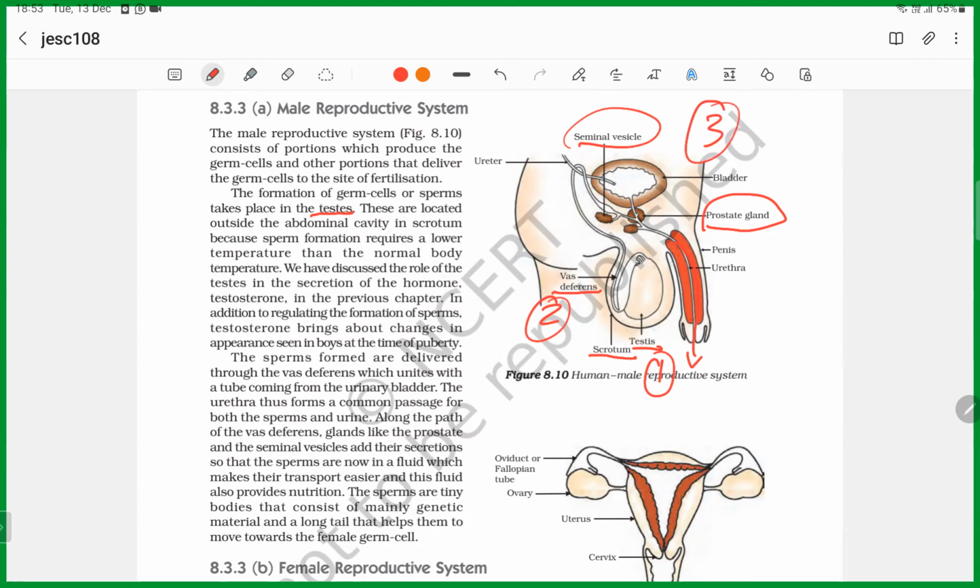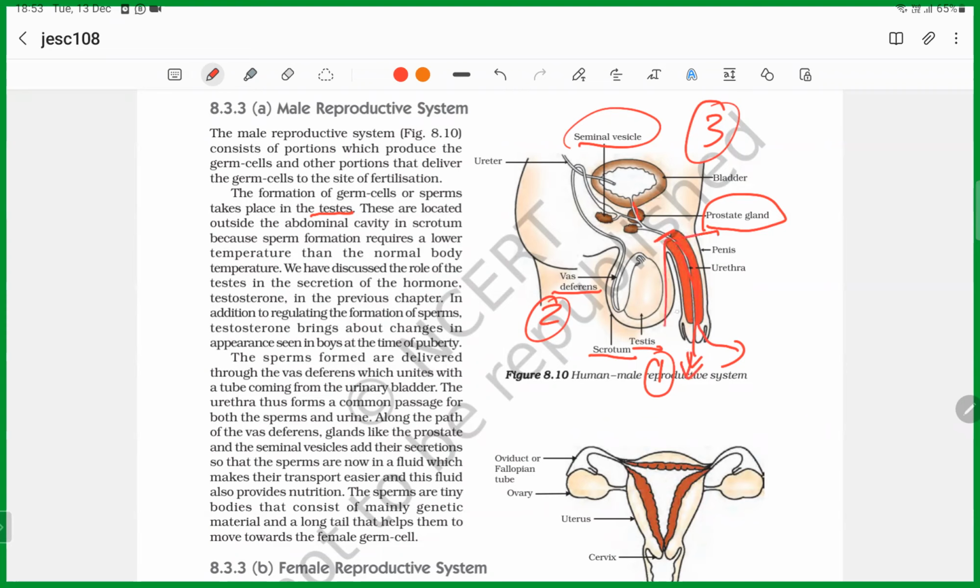The function of the glands is to produce seminal plasma, okay, which is rich in fructose and other substances, even lubricants also. So seminal plasma is produced by the glands, sperm cells are produced, and finally seminal fluid is produced. And then the common passage, okay, even urine drains out from the urinary bladder, ureter, through the urethra, and like that the seminal plasma, semen also passes out, ejected out.